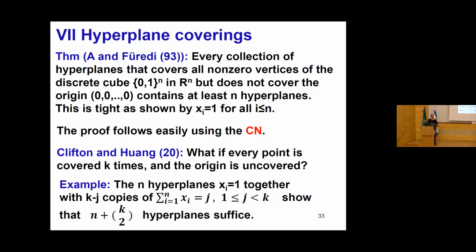You can do it in many ways using n hyperplanes, for example, with all the hyperplanes x_i equals 1.